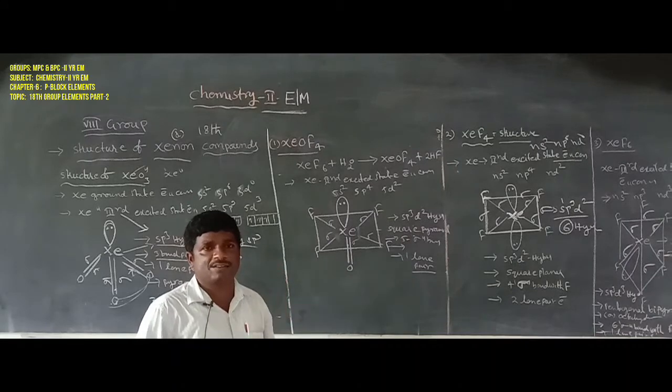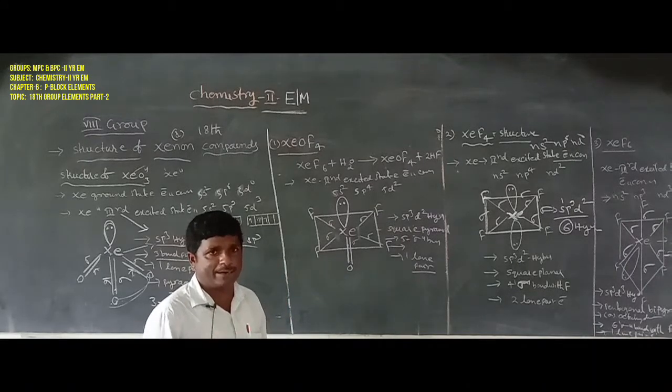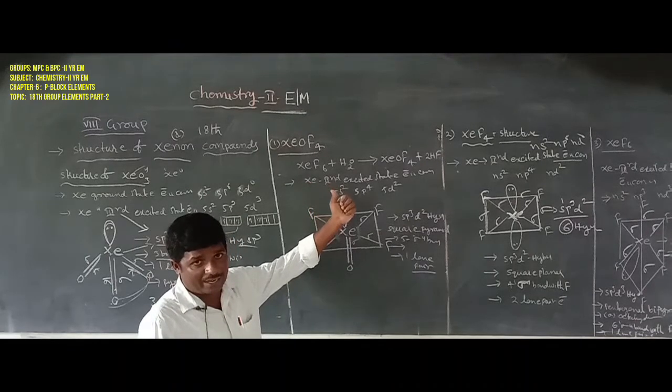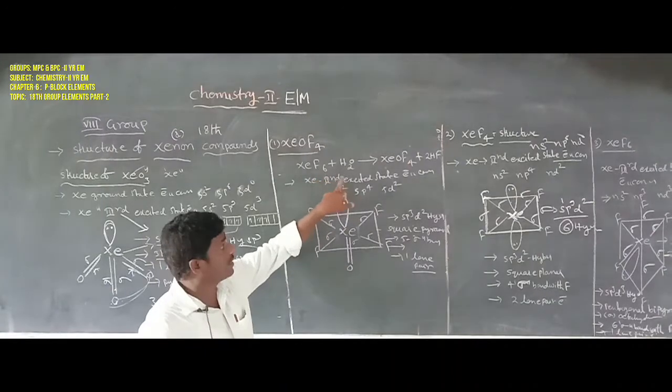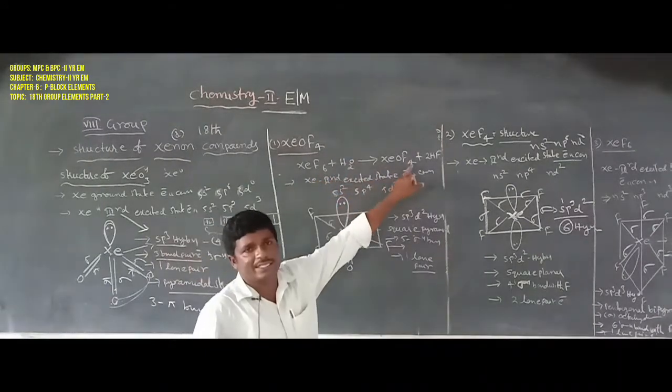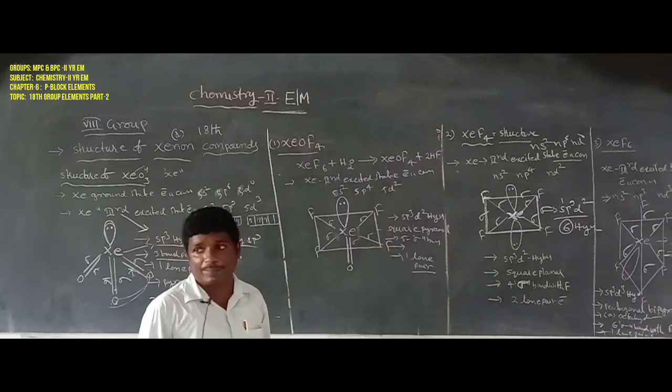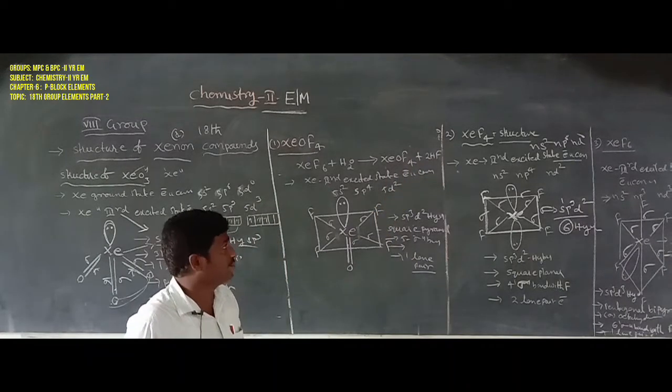How is xenon oxy tetrafluoride prepared? It is prepared from the xenon hexafluoride compound. Xenon hexafluoride dissolved in water forms xenon oxy tetrafluoride and hydrogen fluoride. That is the preparation of xenon oxy tetrafluoride.